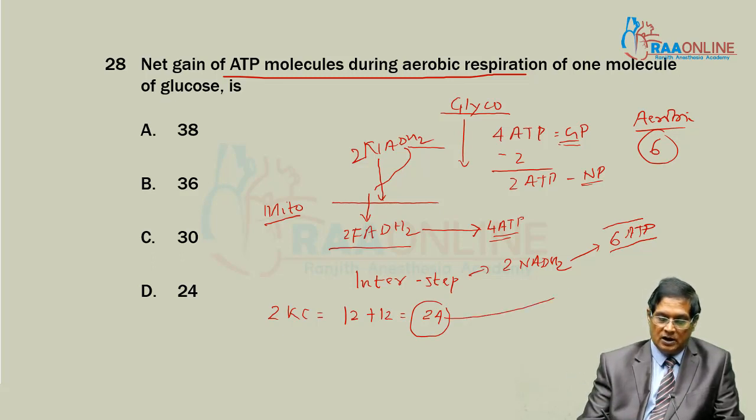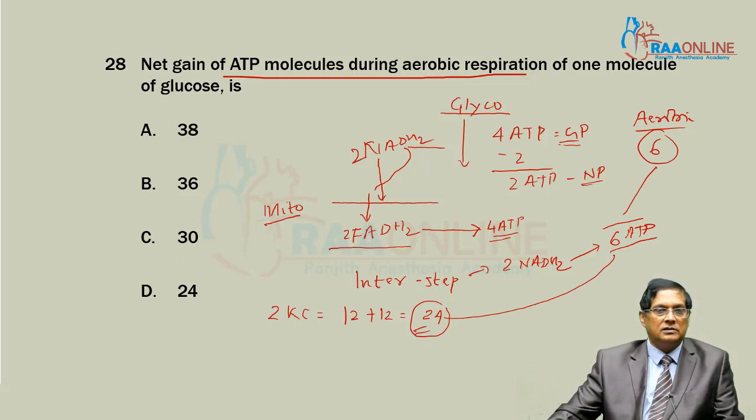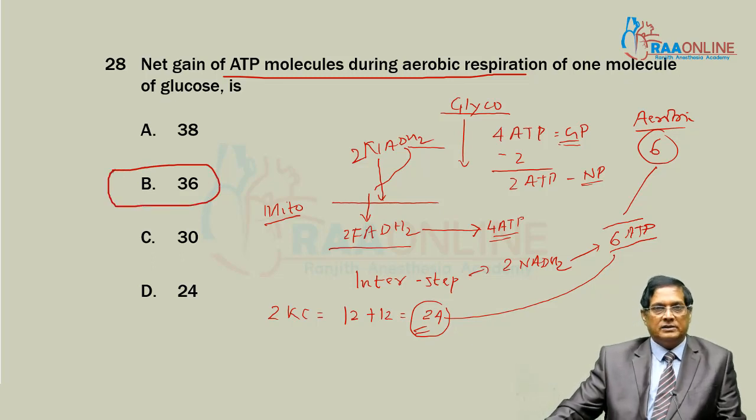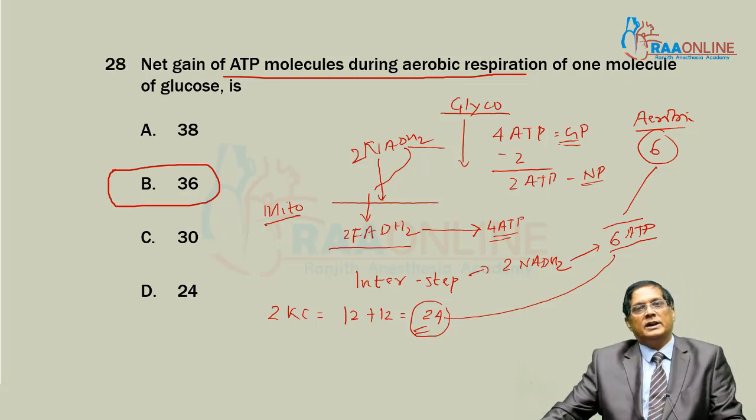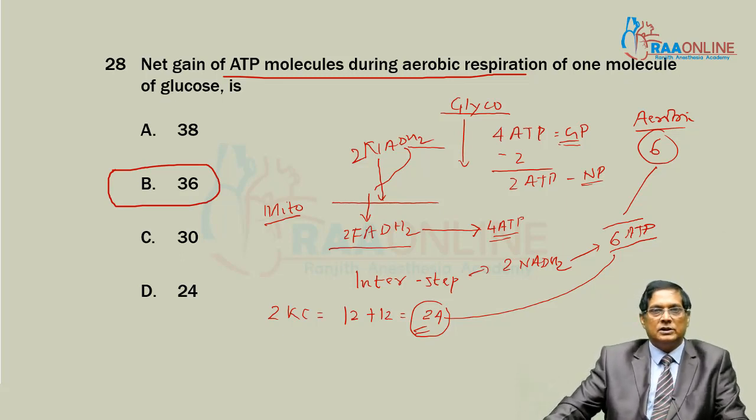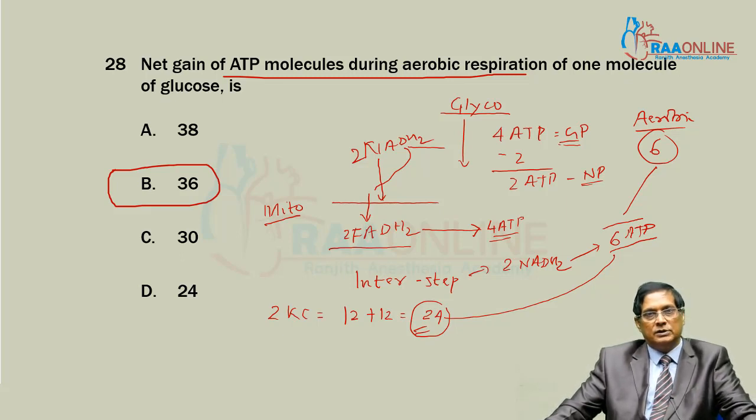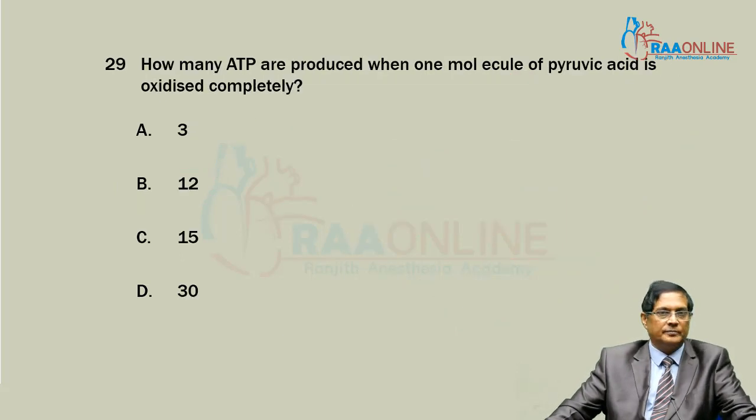Then calculate now: 6 plus 6, 12, and 24. Final answer is 36. Keep all the activities in your mind and frame a sheet, that is how many ATPs are contributed by ETS and how many ATPs are contributed by substrate phosphorylation. Then only you are able to say. This is the answer given in NCERT also.